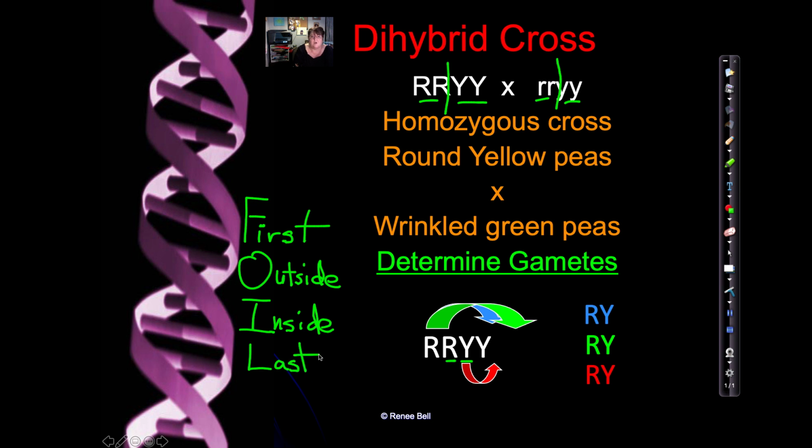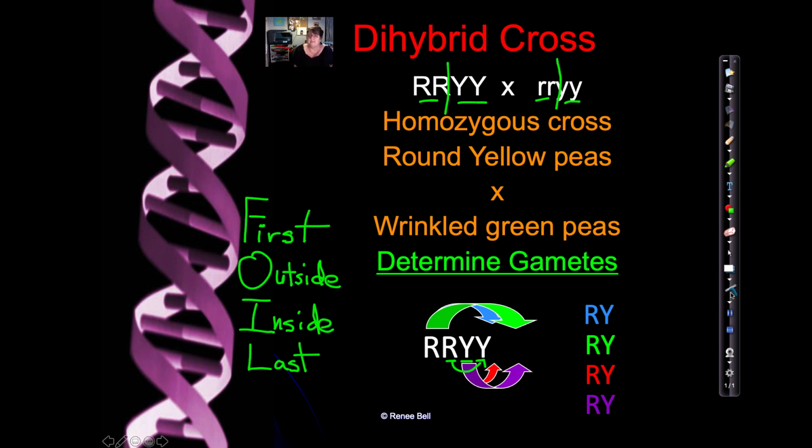So the last R here and the last Y here, and we're going to end up again with big R, big Y. Sorry about my arrows, that's an old PowerPoint. So first, outside, inside, last. FOIL. I think it's an algebra thing that you do, so you should already know how to do it.